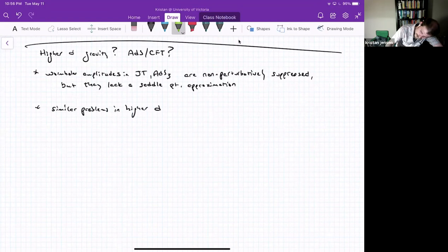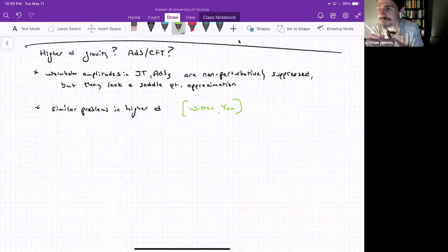For instance, there's something called the Witten-Yau theorem, which states that if you look at Einstein gravity in, say, above 2 dimensions, and you consider just pure gravity where the boundary has positive curvature or is flat, and you don't turn on anything else, no matter fields, nothing else, then there are no wormhole solutions of Einstein gravity with those boundary conditions.